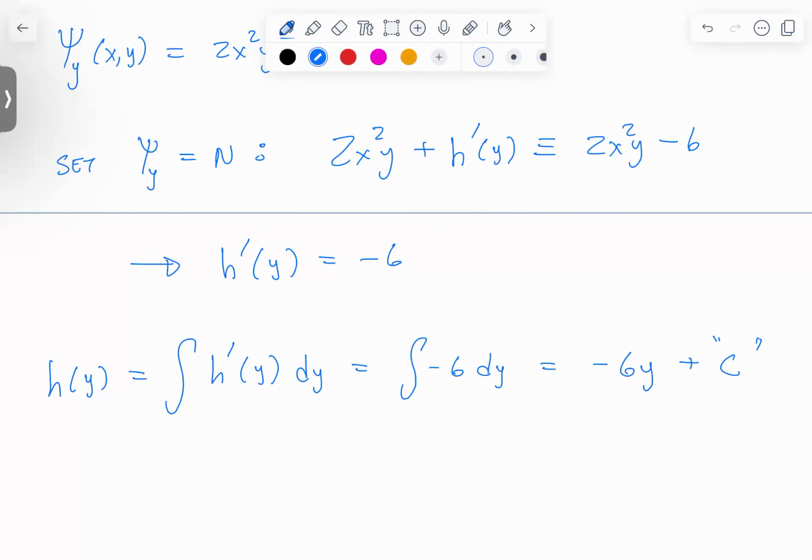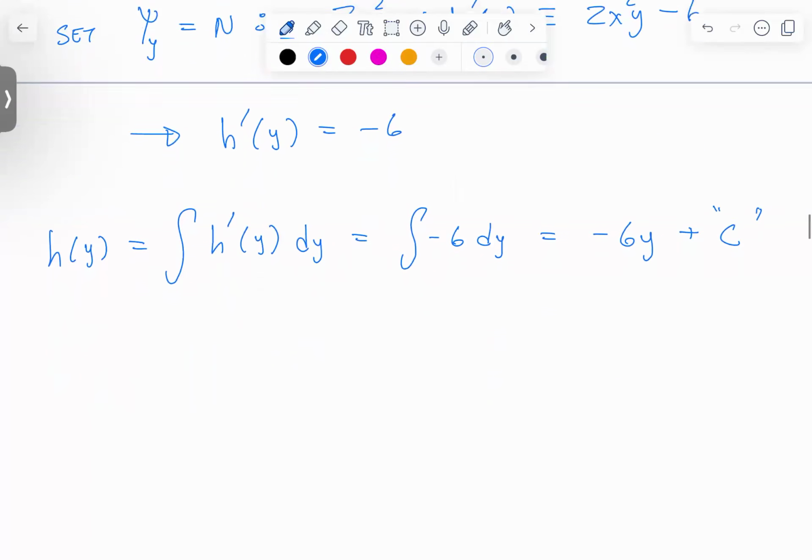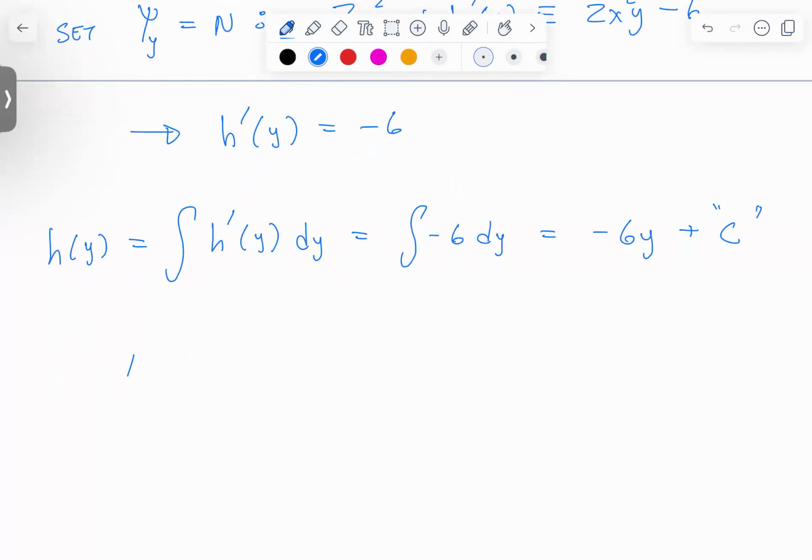It doesn't really do a lot, but for the completionist in you, when you write psi of x, y all the way out, you can attach that.